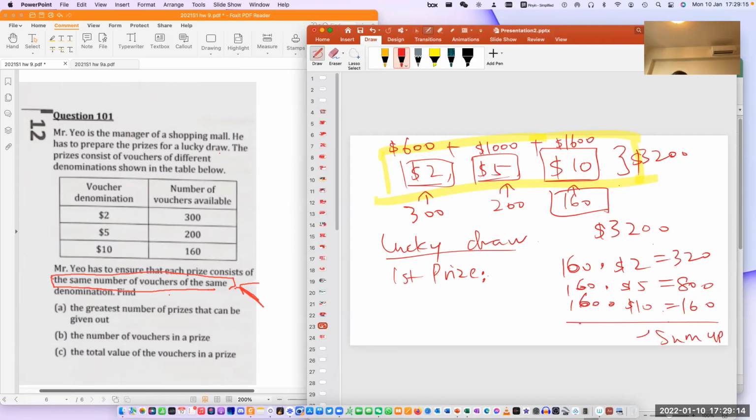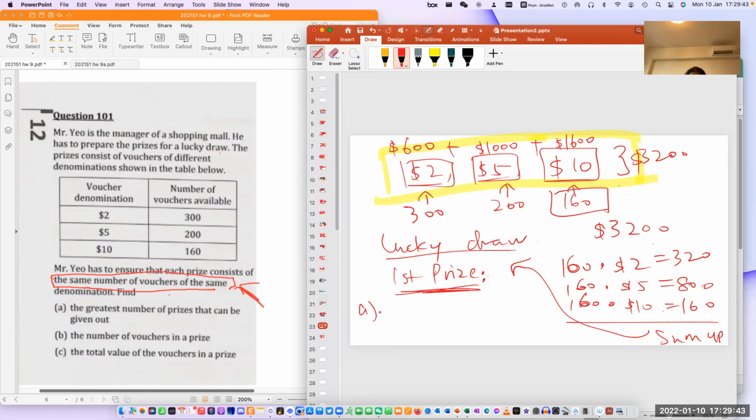That will be the greatest amount, the first price. I'm not answering the first question. The first question is greatest number of prices. What's the meaning of number of prices? Is it the amount? I think so.